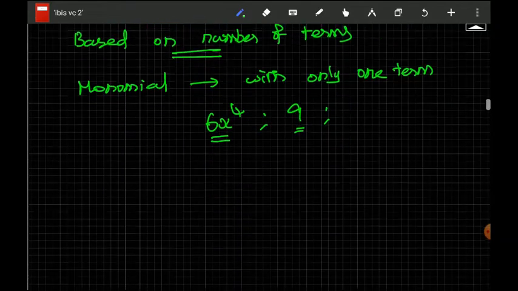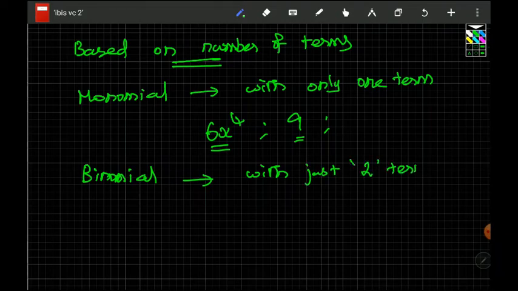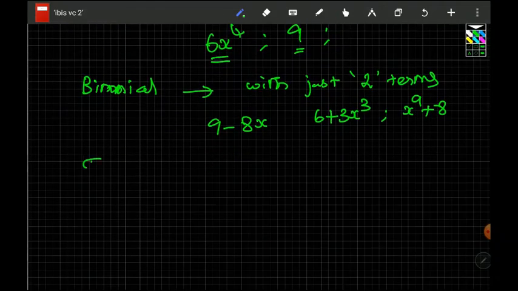Mono means single. And what about binomial then? A binomial is a polynomial with just two terms. So 9 minus 8x, 6 plus 3x cube, or x power 9 plus 8 are some examples of binomials. What about trinomial?